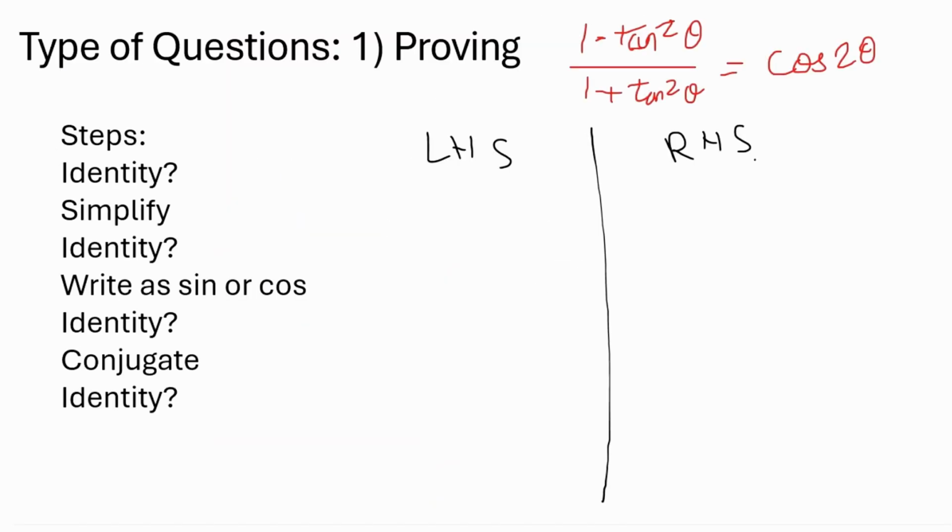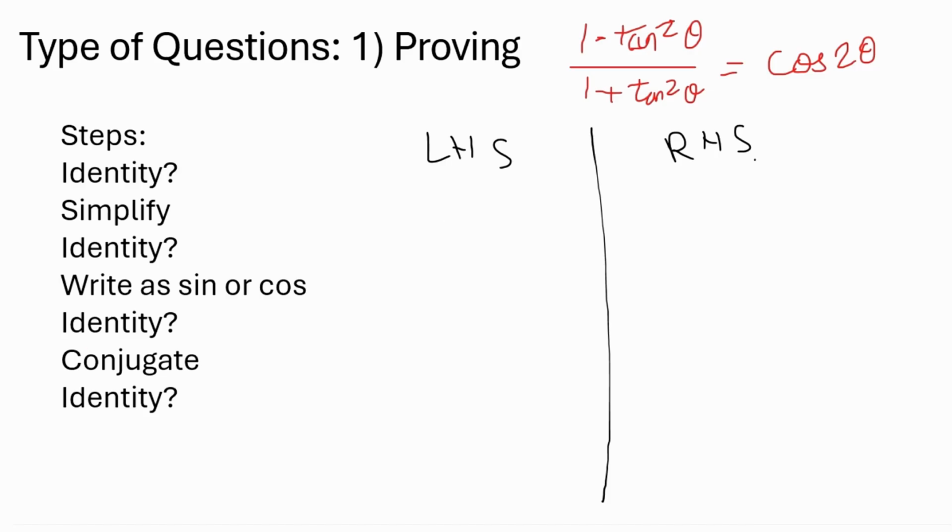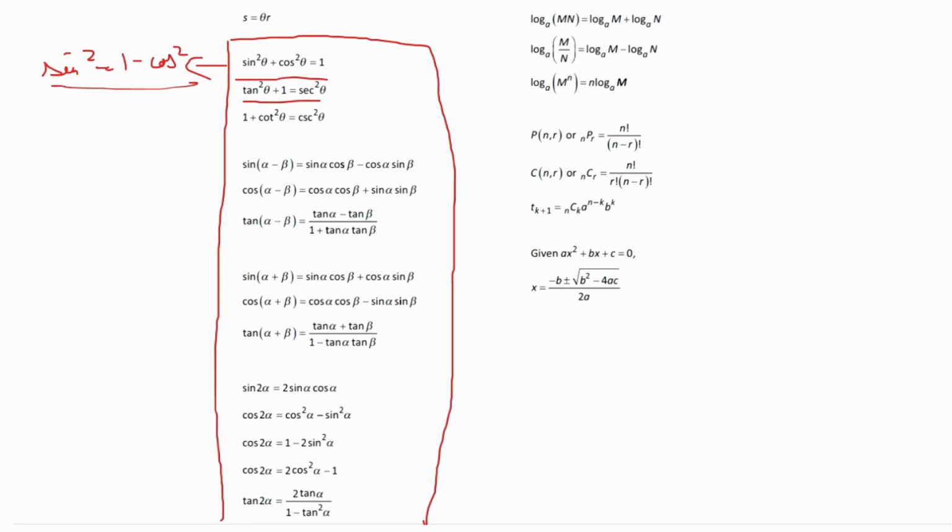So in this question, the first thing I'm trying to do is, can I simplify this? 1 minus tan square, is that an identity? 1 minus tan square is not, but what is 1 plus tan squared? That's secant squared. So I can write that down.